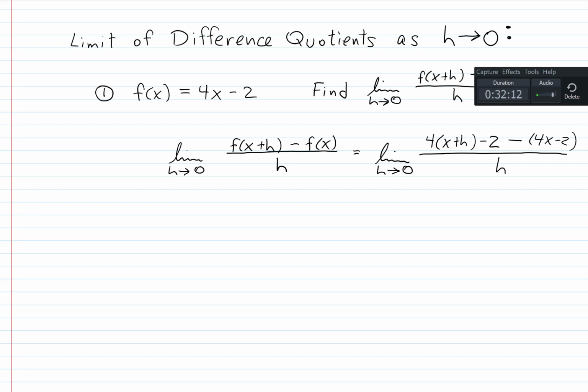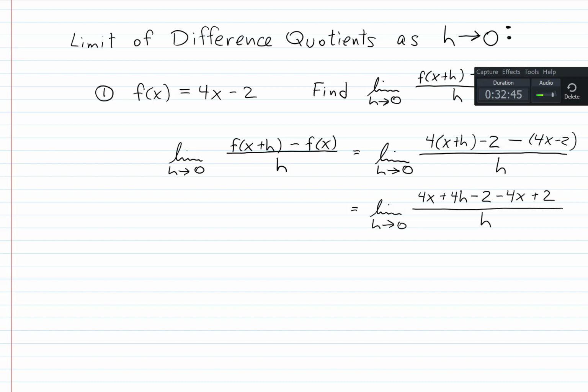So in order to see what this limit is, I first need to simplify that fraction. So let's do that. And then we'll do the limit as h goes to 0 of, so let's work out what we're going to have. We're going to have 4x plus 4h minus 2 minus 4x plus 2 over h, correct?